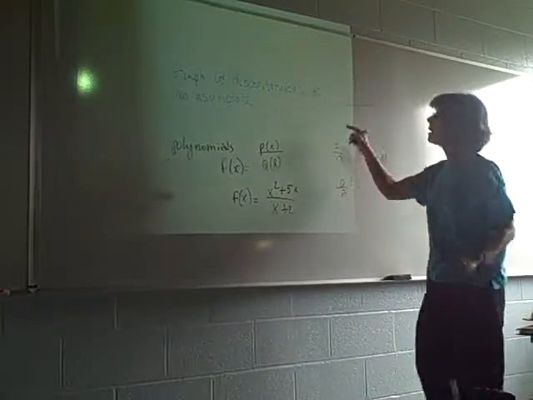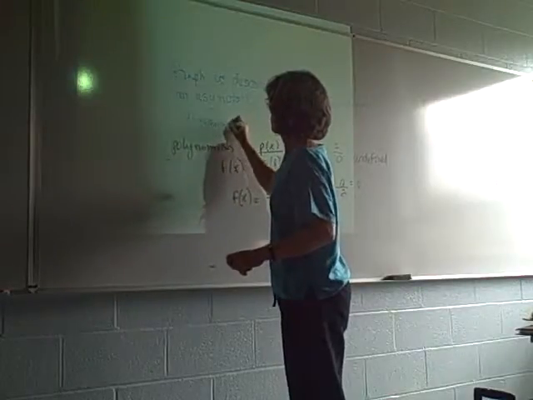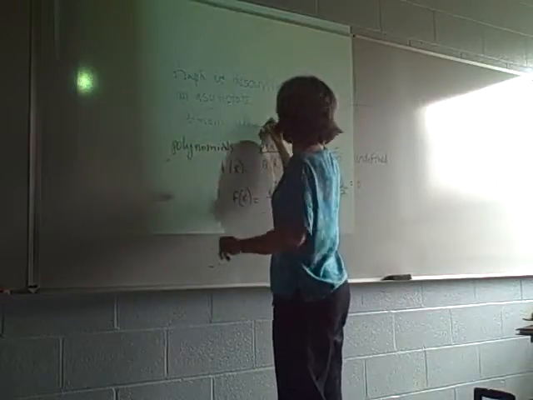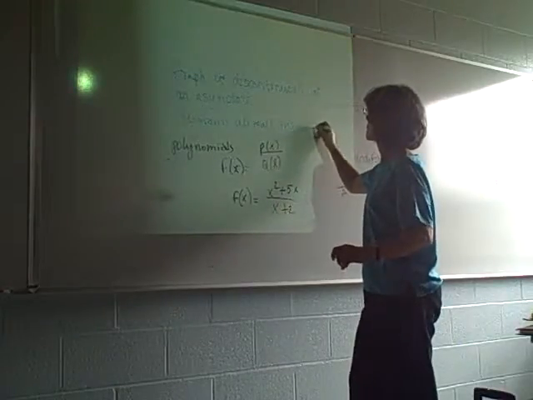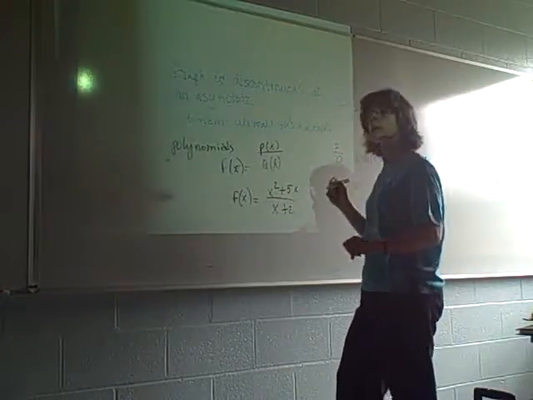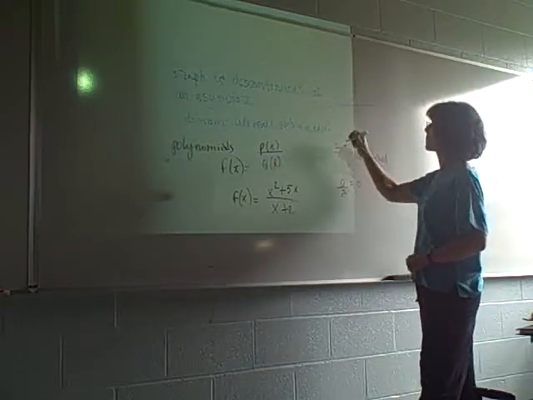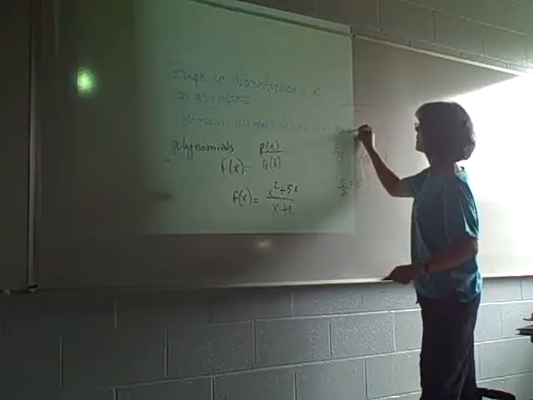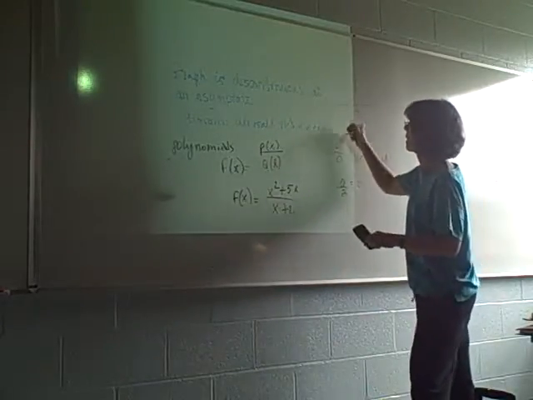Nice job, Eli. So the domain is all the real numbers except, well, no, we're going to do something else. All real numbers except at x equals... Is it all real numbers above -2?